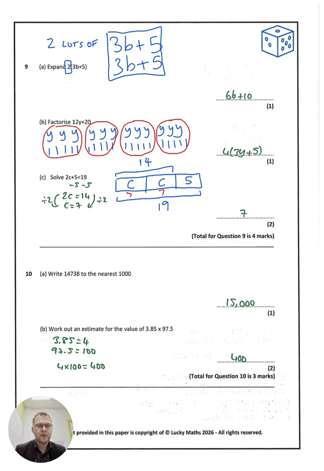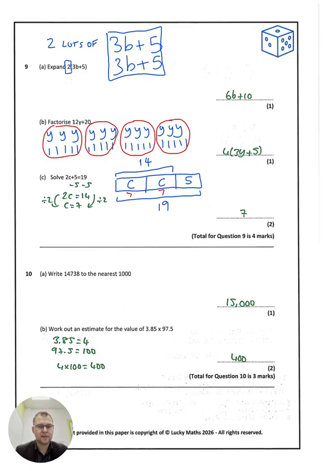So this won't work for every example, obviously, if there's a letter on the front. However, if there's a number, 2 lots of 3b plus 5, if you write it out in kind of short form, let's say, and then look at what you've got. 3b and 3b obviously is where the 6b comes from. 5 plus 5 is the 10.